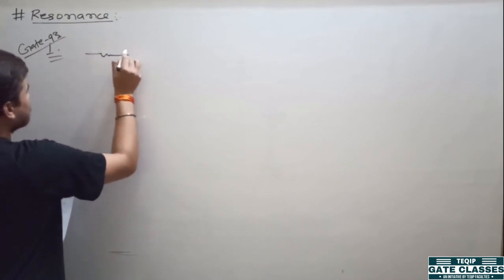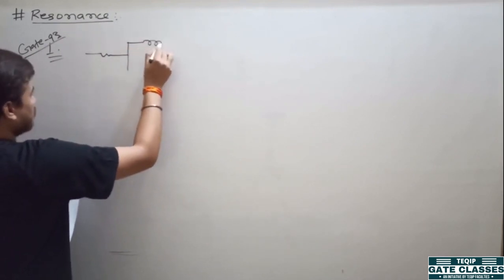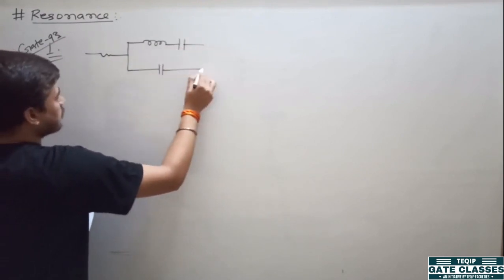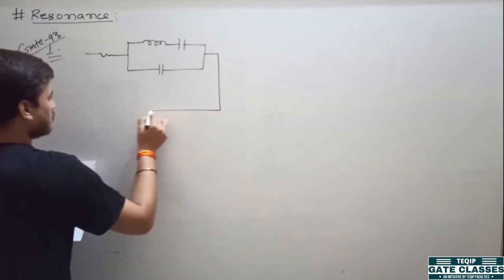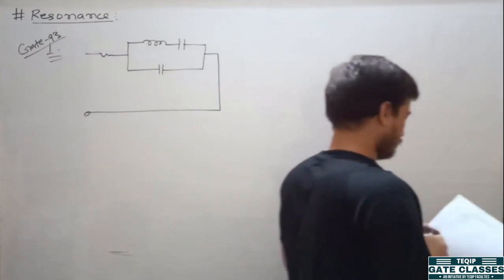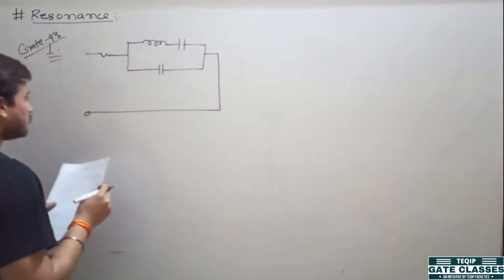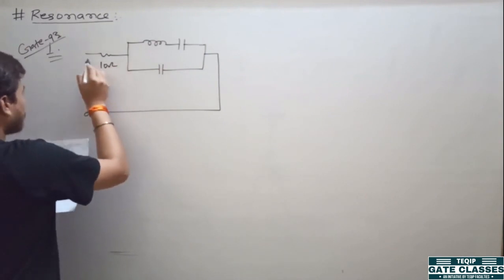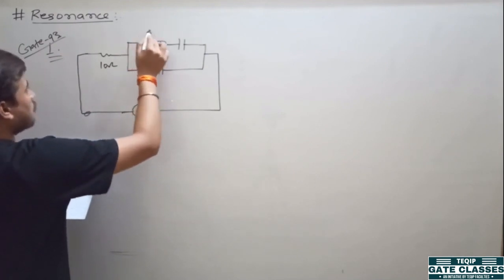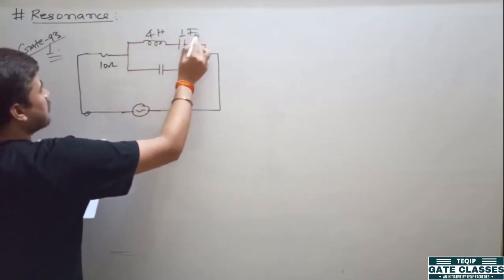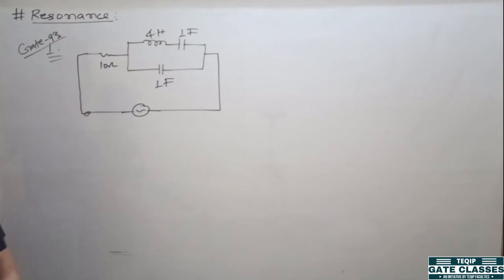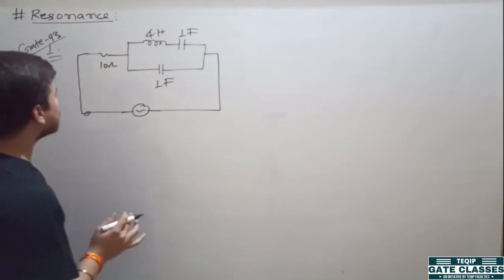It is given L, C, and the values are given: 10 ohm, 4 henry, 1 farad and 1 farad. You have to find the value of resonant frequency.